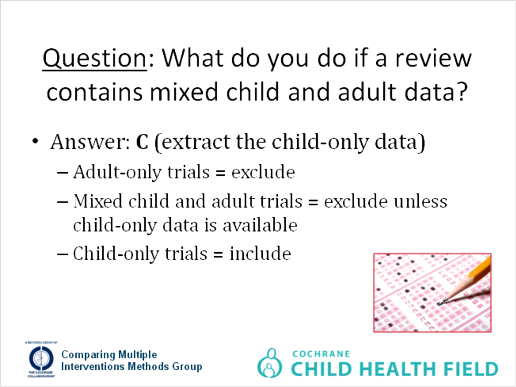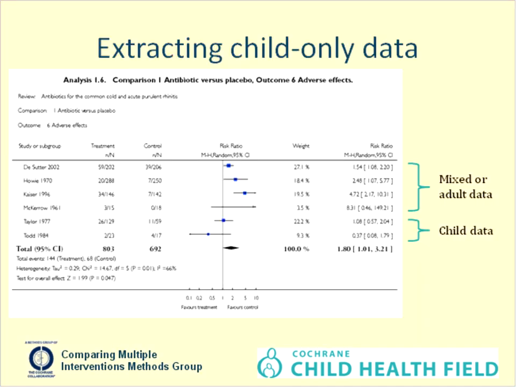So that leaves us with the child-only trials, which we include in our overview. So now I'm going to walk you through an example of how you would go about extracting this child-only data in your overview. But remember again that this can actually apply to any population that you're interested in versus any population that you're not. So if you're interested in data from outpatients only and you don't want inpatient data, you can apply the same sort of techniques here.